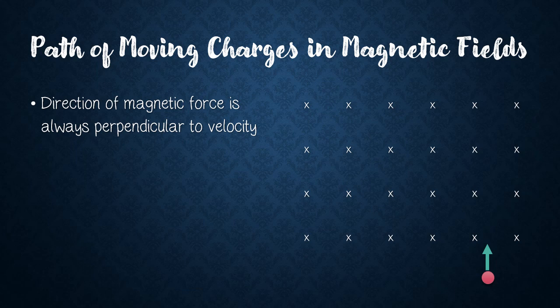I also have a positively charged particle that is moving upward as it enters this magnetic field. So I want you to take a moment right now and pause the video, use the right hand rule to determine the direction of the force this particle would feel when it enters this field.